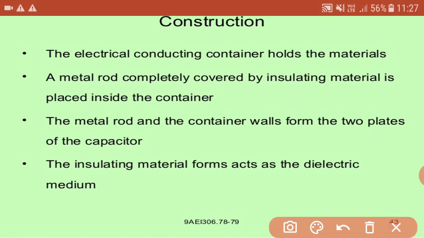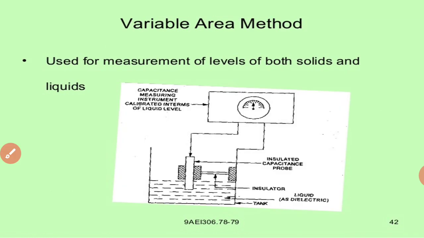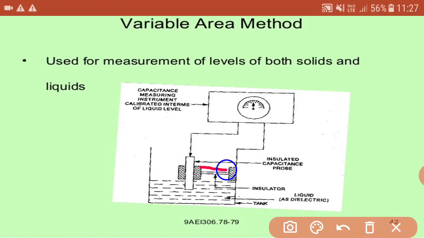Now the insulating material acts as the dielectric medium. So the insulating material will act as a dielectric medium. Here we can see in between these two there is an insulating material.